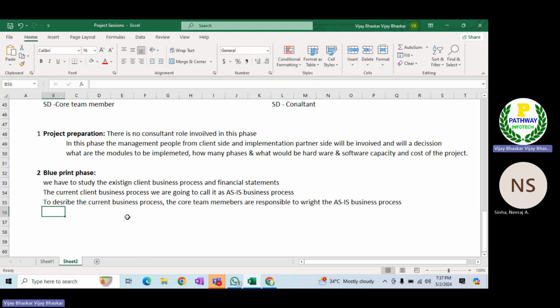But to write the as-is business process, what are they going to write?